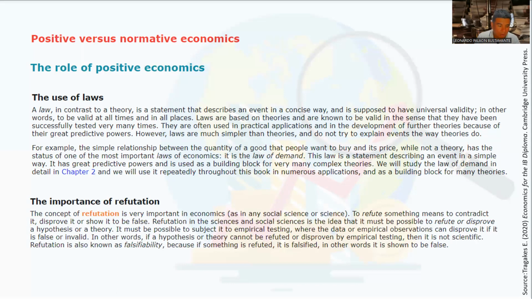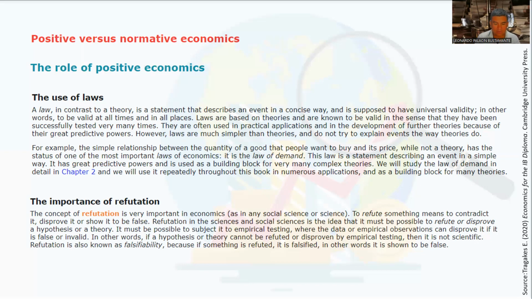To finish off with the role of positive economics is the importance of refutation. The concept of refutation is very important in economics and in any other social sciences. To refute something means to contradict, to disprove, or to show something to be false. Refutation in the sciences and social sciences is the idea that it must be possible to refute or disprove a hypothesis or a theory.